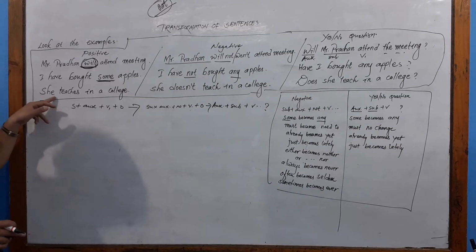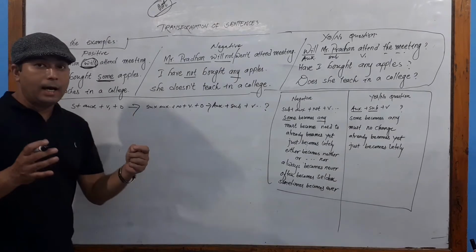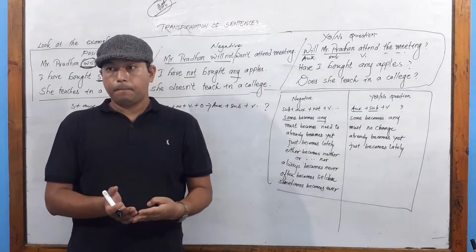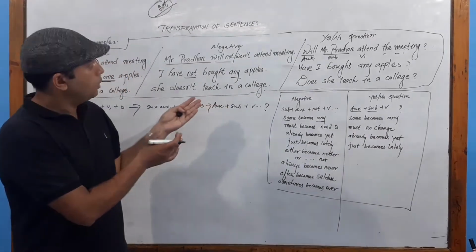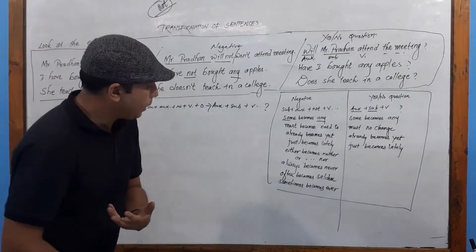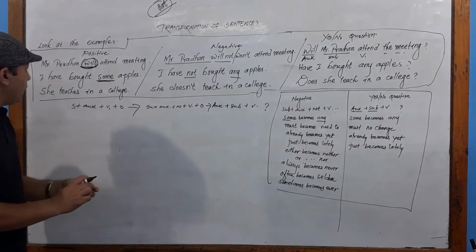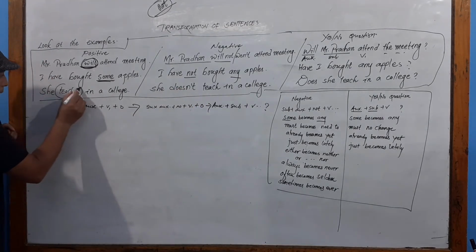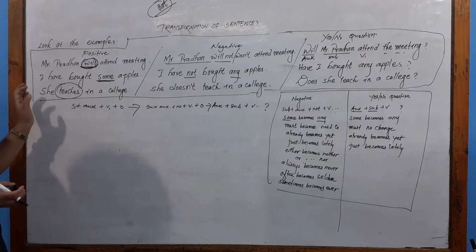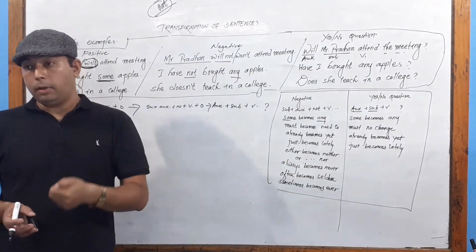Similarly, she teaches in a college. As I informed you in the previous class, in chapter 3, question tag मा मैले तपाईहरुलाई के सिकाएको थिए भनेदेखि पहिलो क्लासमा. यदि के भएन भने यहाँ के छैन हेर्नुस् त, there is no auxiliary verb in this sentence. If there is no auxiliary verb, then we have to derive the auxiliary verb from the main verb.